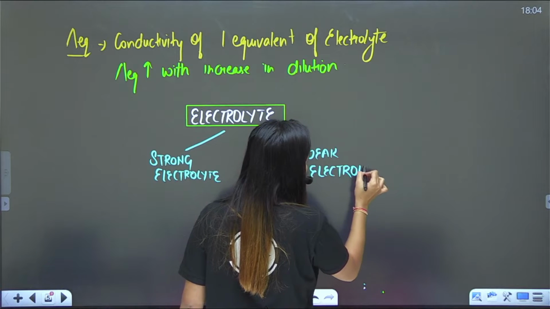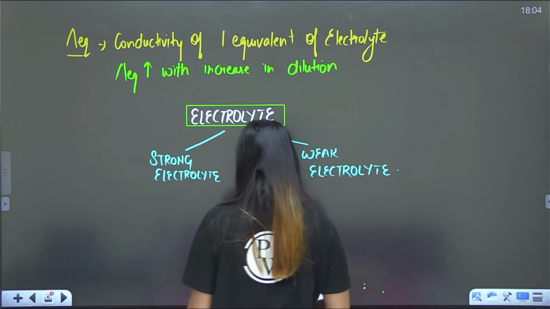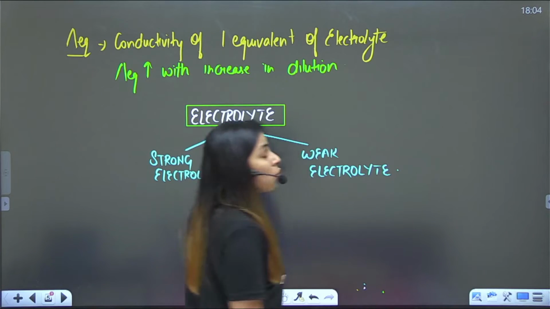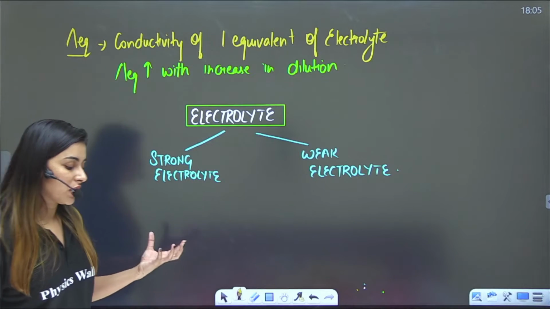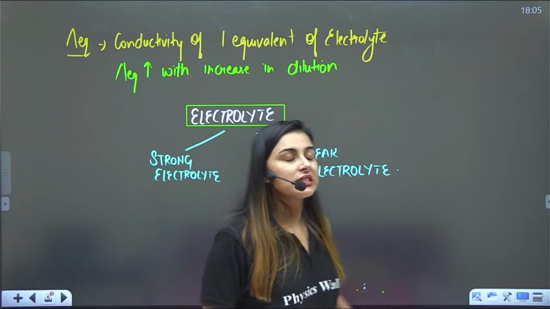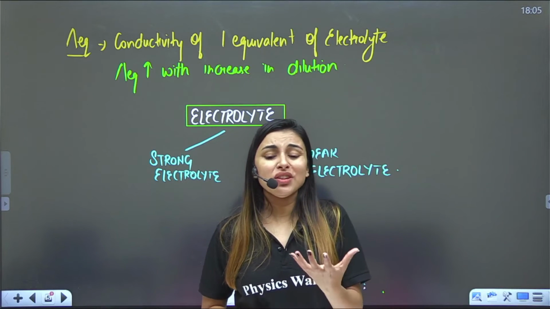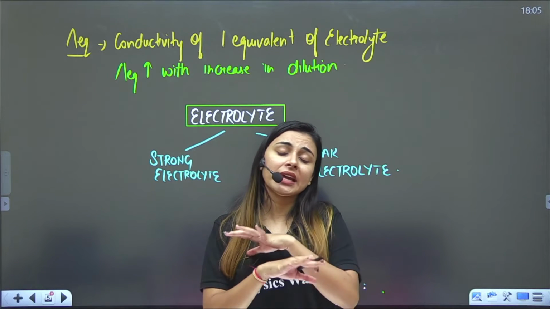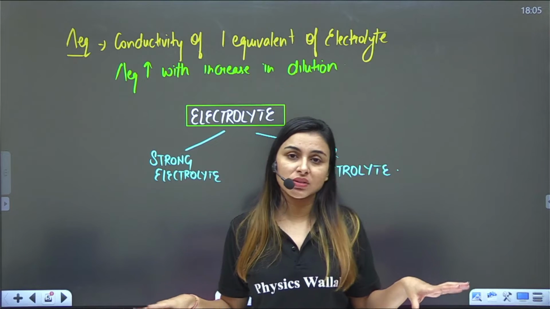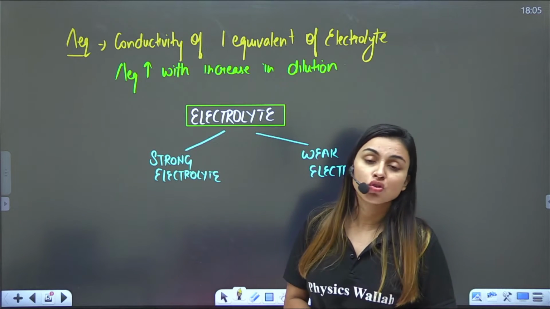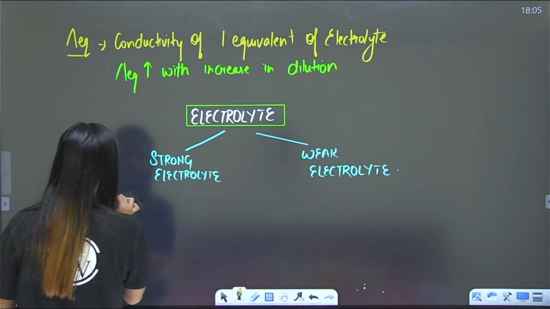Now let's try to understand these. When we talk about strong electrolytes, your strong electrolyte dissociates completely in its aqueous solution. Whenever they are present in their aqueous solution, they completely dissociate, and that is the reason they are known as strong electrolytes.